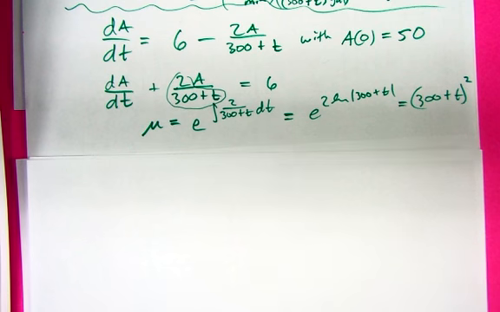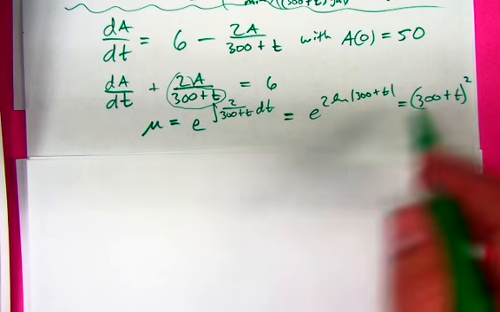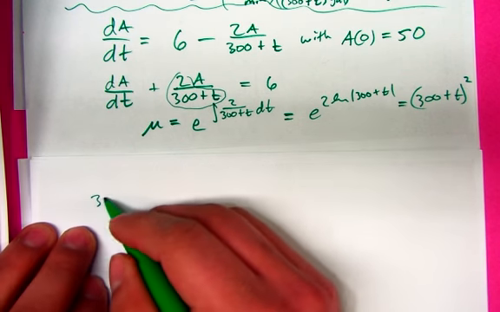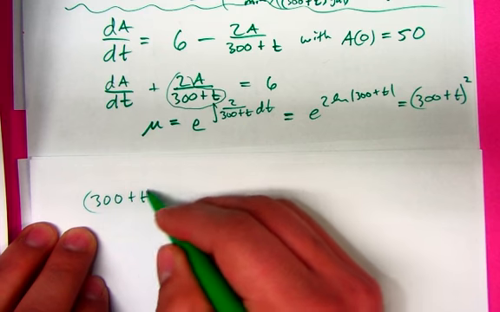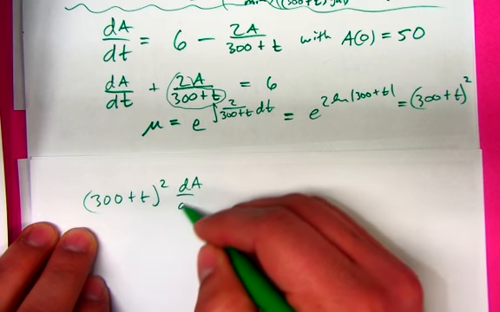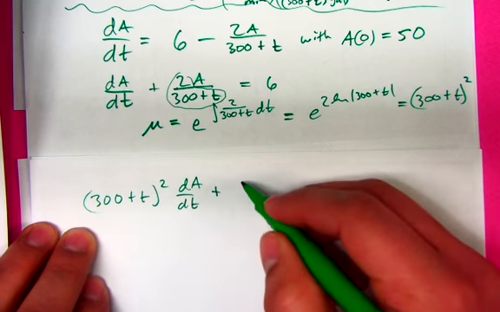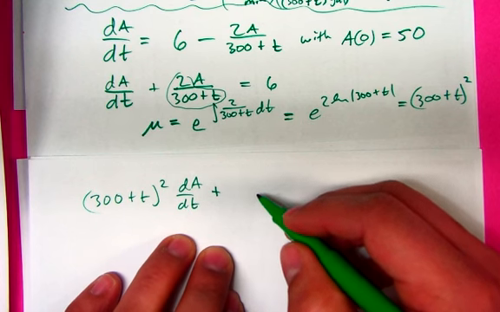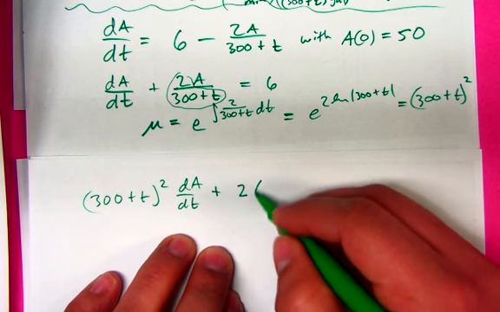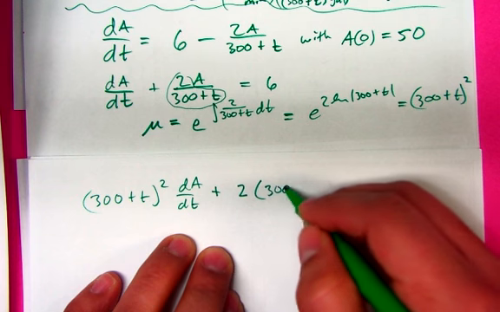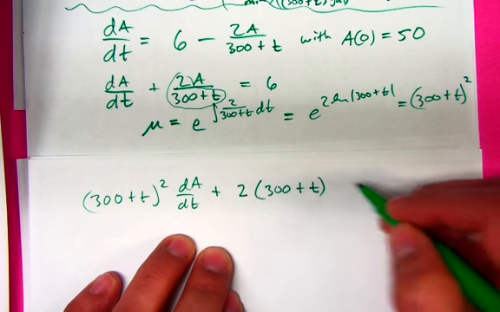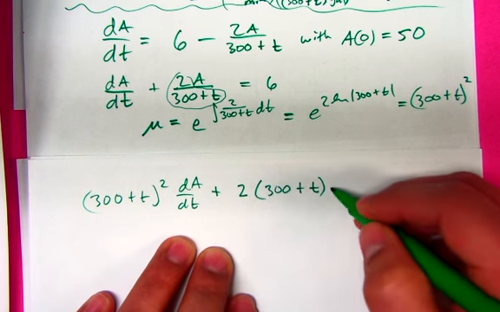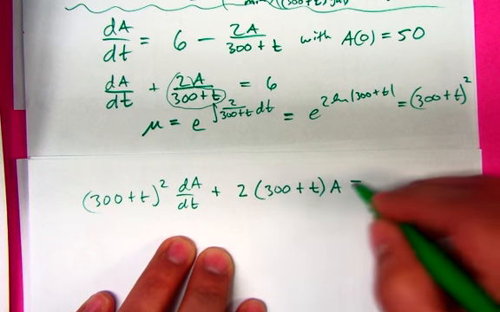So now we take the integrating factor and multiply it to the left side. This will just become 300 plus t to the first. Not that you need to simplify it.